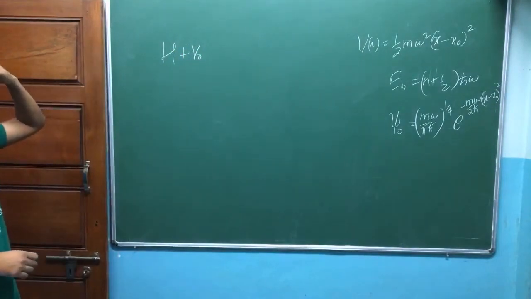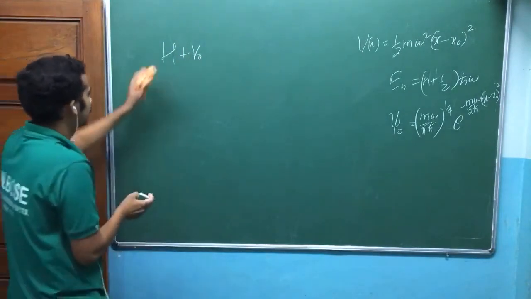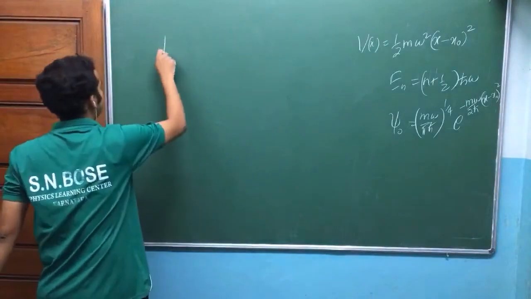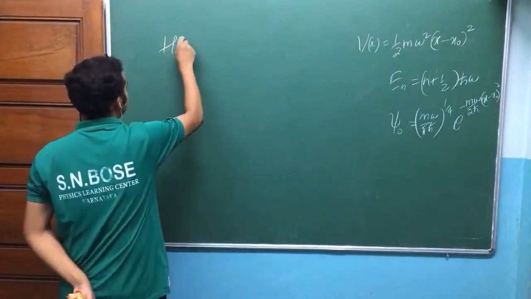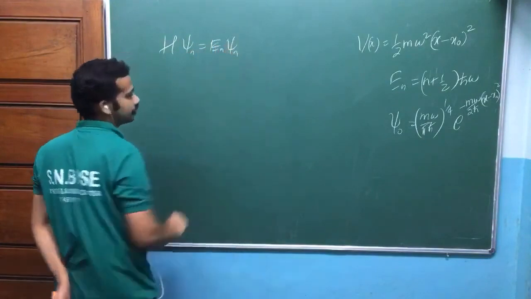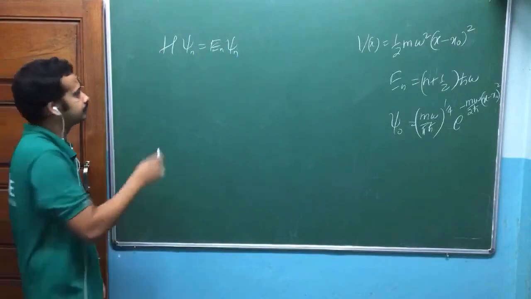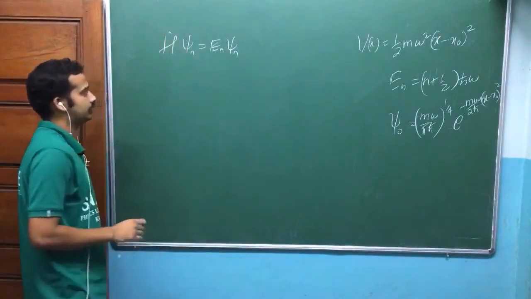Now what is the result? Let me take it like this. H of psi n is equal to En into psi n. We solved the time independent Schrodinger equation: H cap psi n is equal to En into psi n.